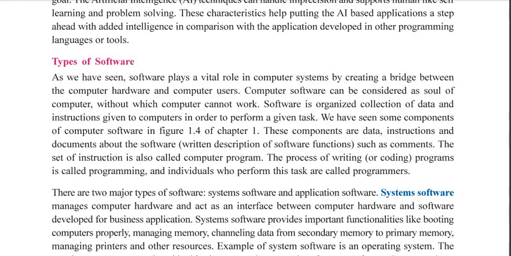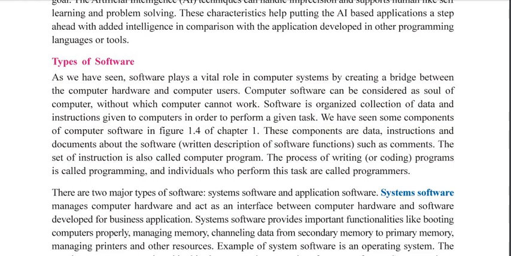Now, types of software. As we have seen, software plays a vital role in a computer system. Without software, a computer cannot work. Software creates a bridge between the hardware and the computer. Hardware and the computer are connected with the software only.